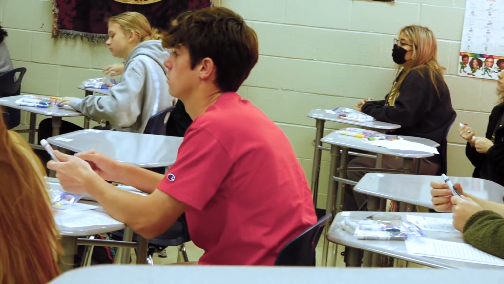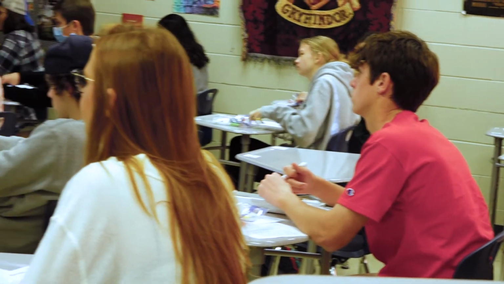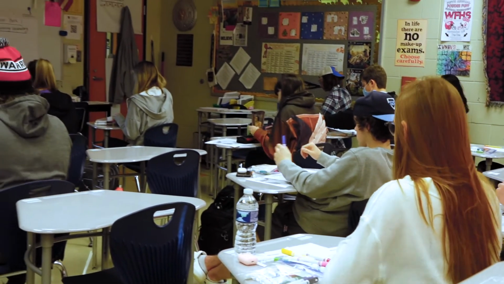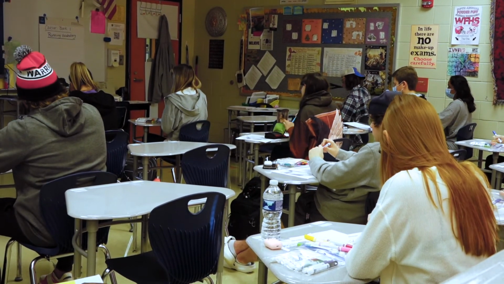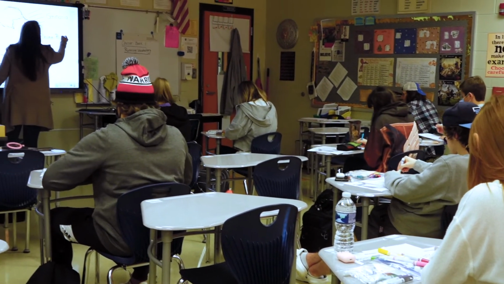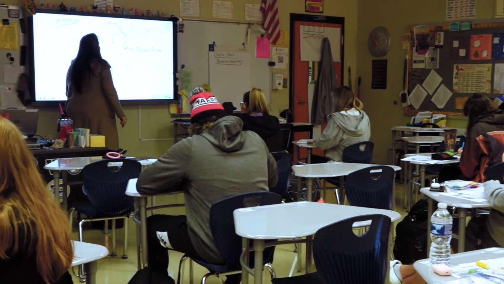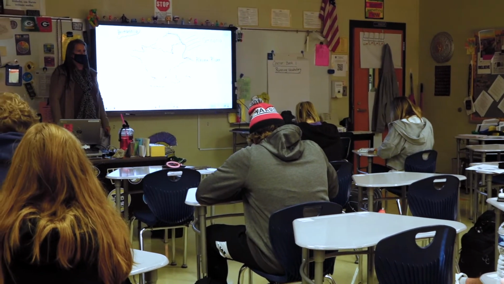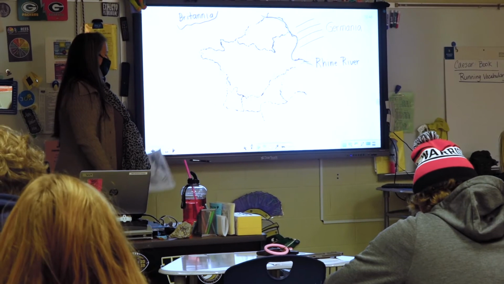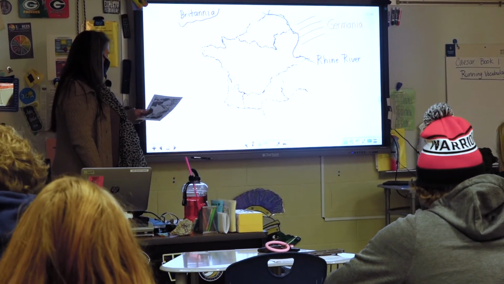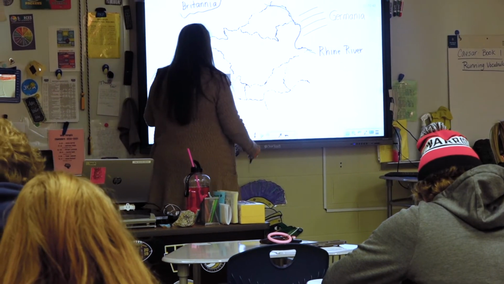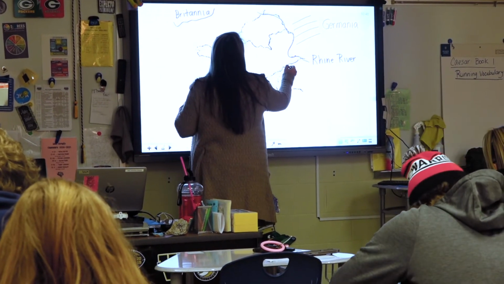Up here, beside this, cutting through here, this right here is going to be your Rhine River. It's what separates Gaul from Germany. We have another river that runs right through here.